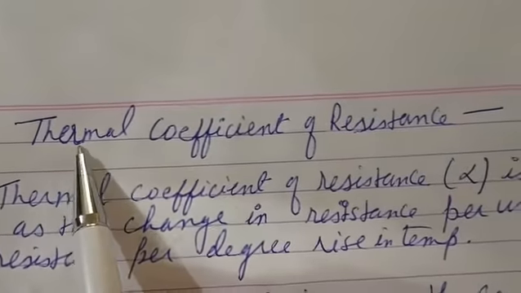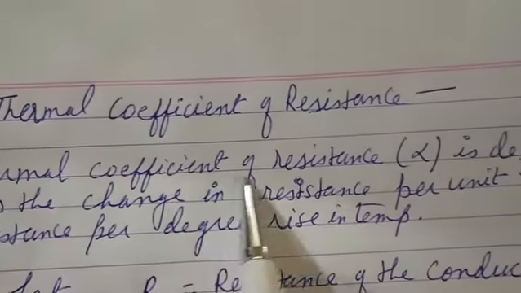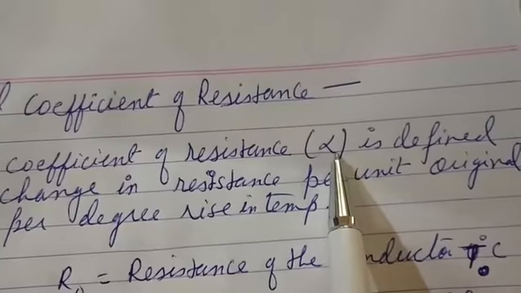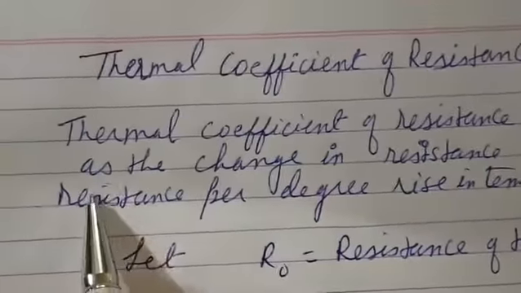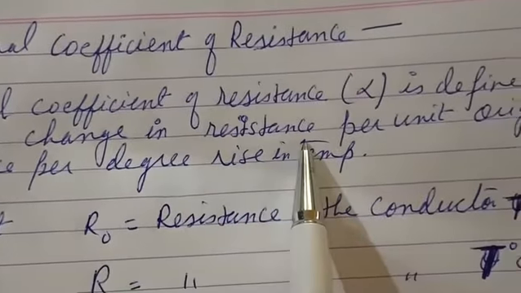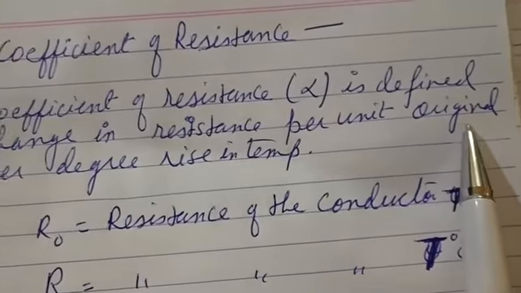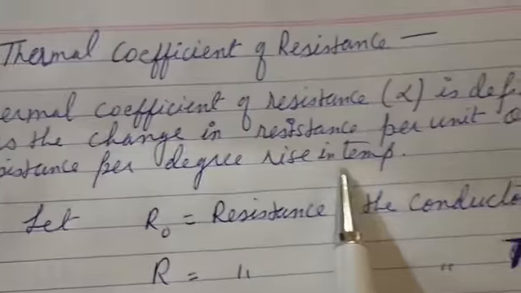Now next is thermal coefficient of resistance. So what is thermal coefficient of resistance? Thermal coefficient of resistance, it is denoted by alpha, is defined as the change in resistance per unit original resistance per degree rise in temperature.